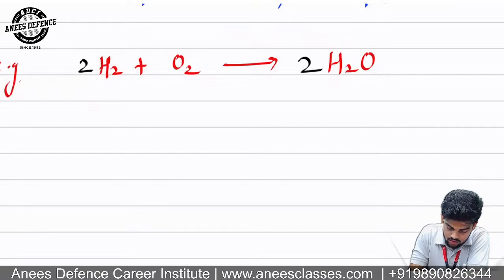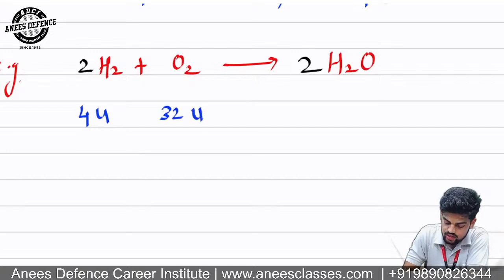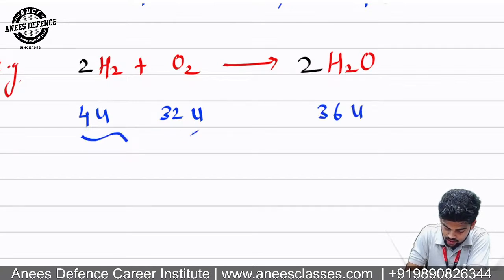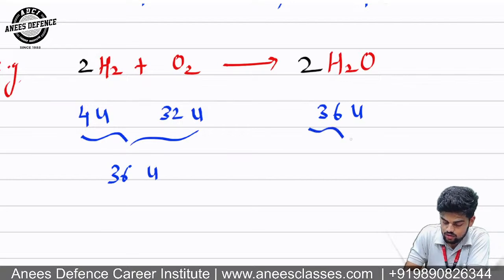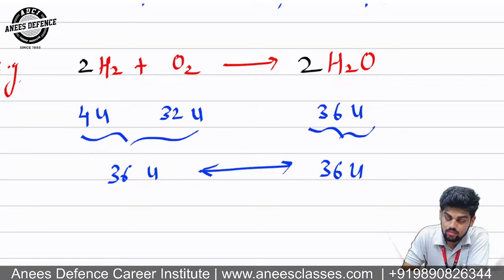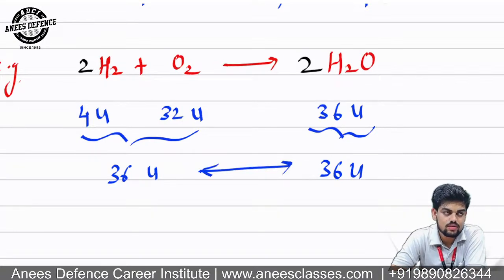The mass of 2 moles of hydrogen is 4 U, the mass of 1 mole of oxygen is 32 U, and the mass of 2 moles of water is 36 U. Now the total mass of reactant becomes 36 U and the total mass of product becomes 36 U, because now the mass of reactant and mass of product are both the same.